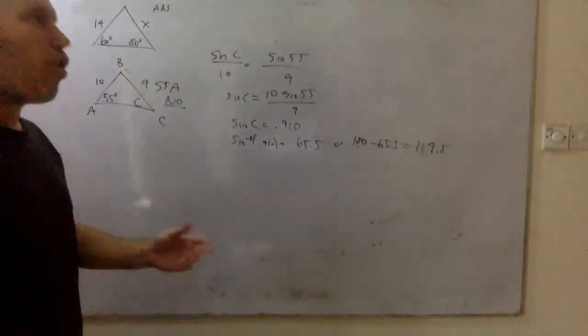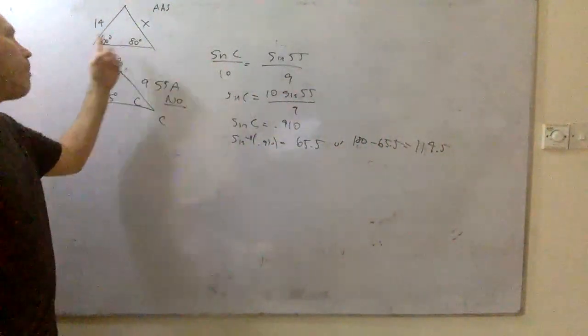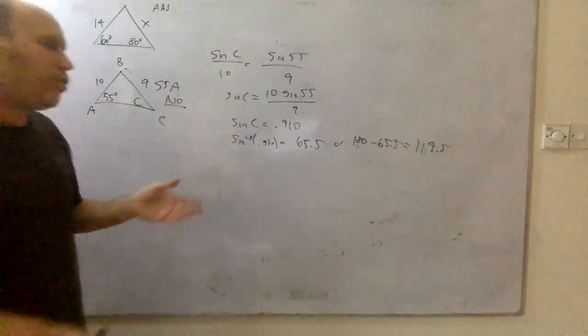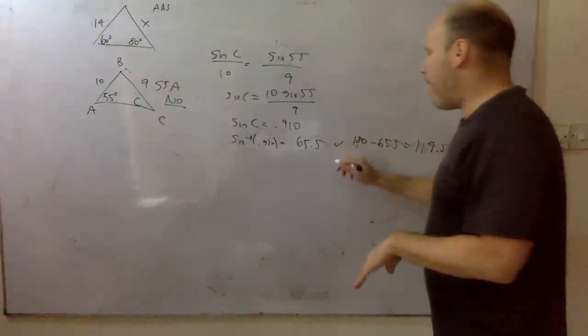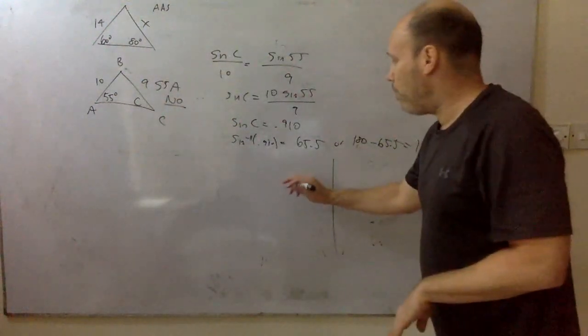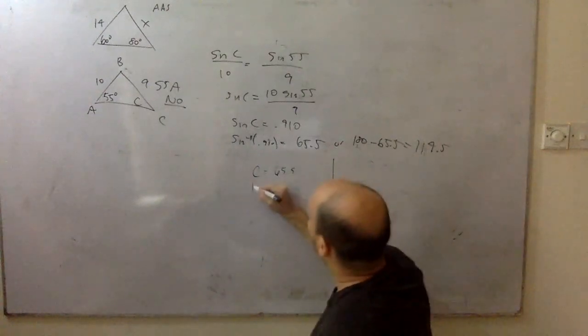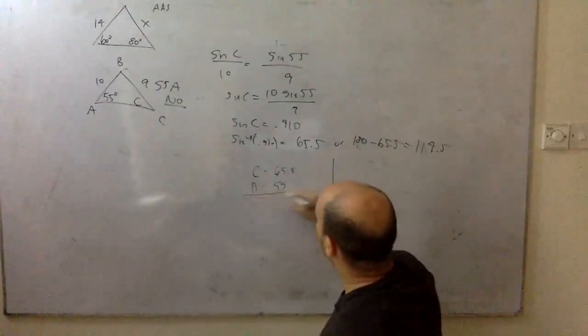What do we have to do now? We have to determine if these angles actually work in the triangle. We have to do a chart. So, example 1, the first angle, C, is 65.5. Angle A is 55.